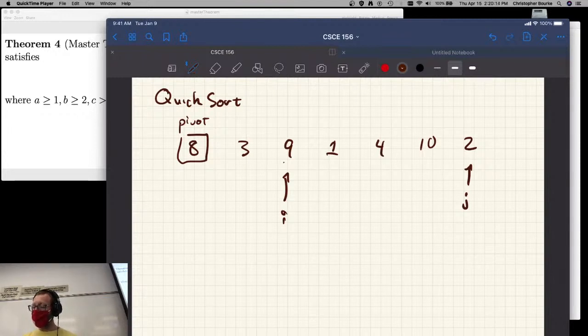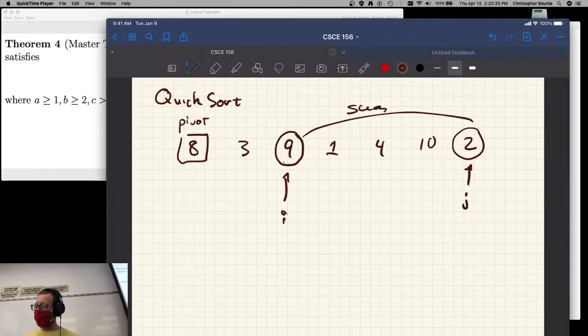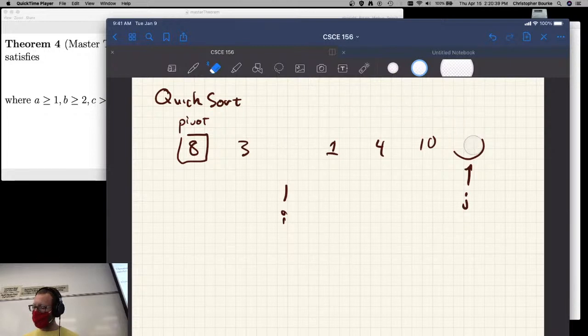Once we've found something that needs to be swapped, we then switch over to j. 2, it's on the right side. It needs to be on the left side. So we've found our first two candidates that are on the wrong side. If these two things are on the wrong side, what do we end up doing? We swap them. Right. 2 and 9.